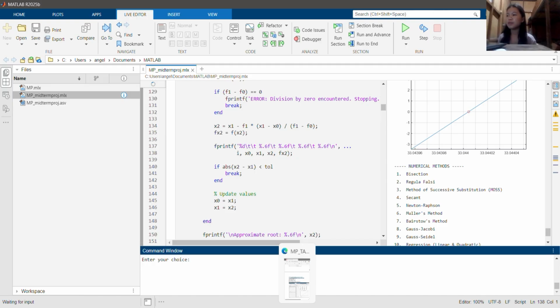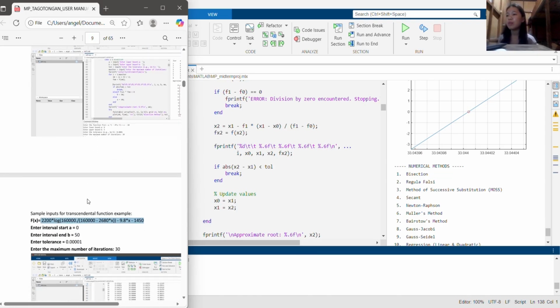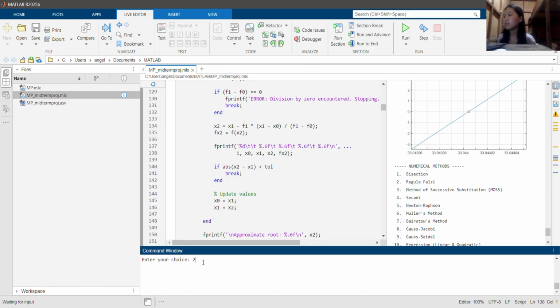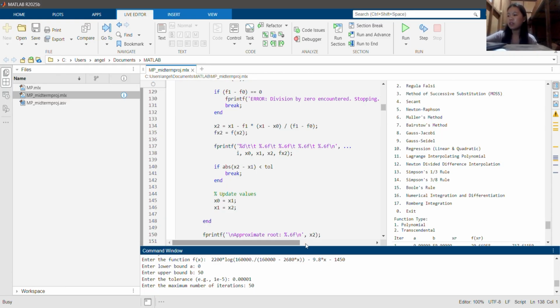Next is our transcendental function example for regula falsi. The same function again, using the same lower and upper bound and also tolerance.